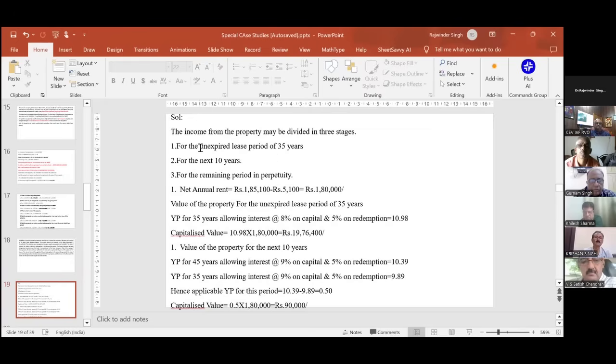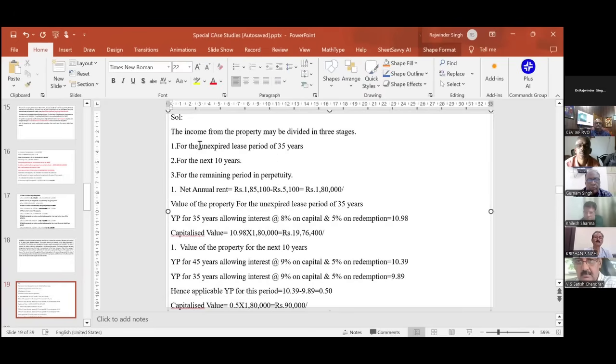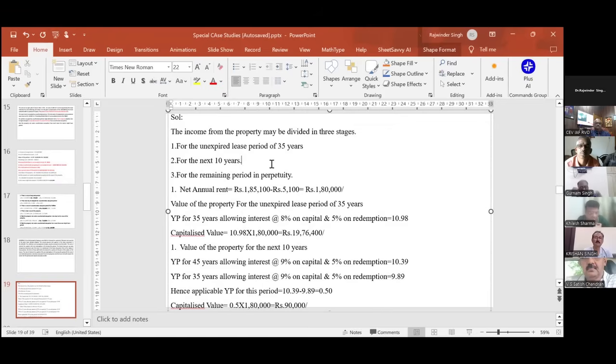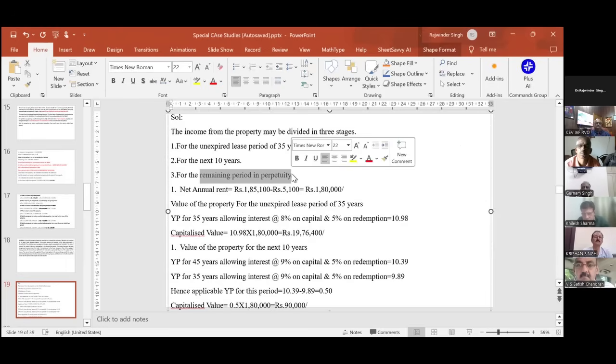See, in the question, the income from the property may be divided into three stages: for the unexpired lease period of 35 years, then for the next 10 years, and then for the remaining period in perpetuity, as per the question.